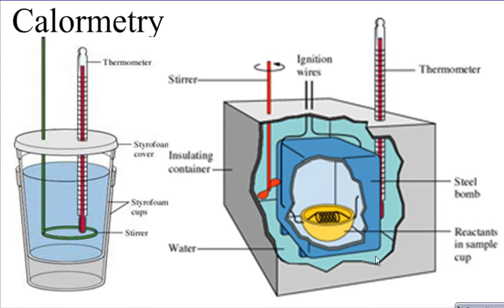That heat is picked up by what's surrounding that bomb, which is typically water. And since water increases its temperature at a very set rate, which we'll talk about next, we can measure the increase in temperature of the surroundings and determine how much energy was stored within our sample.